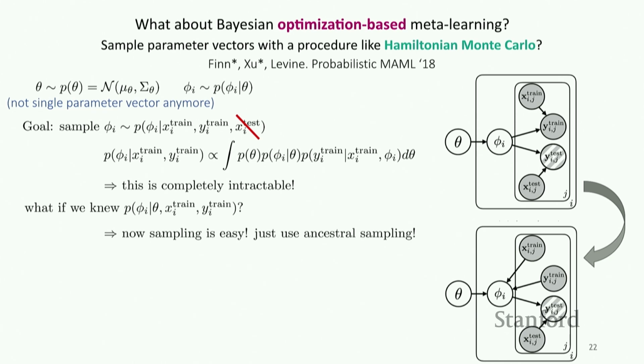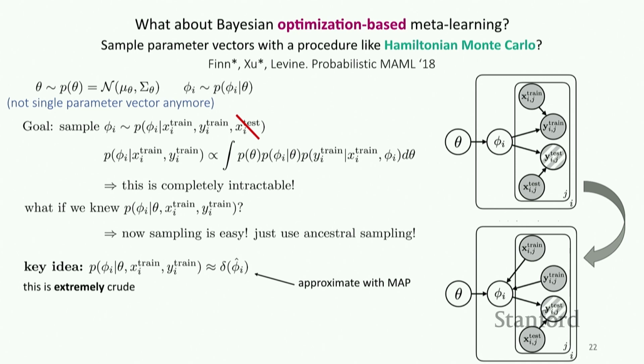Well, what we can do is use an approximation similar to what was shown in the paper by Grant et al., which is to estimate this distribution crudely using a point estimate for phi. And we can approximate this using MAP inference.